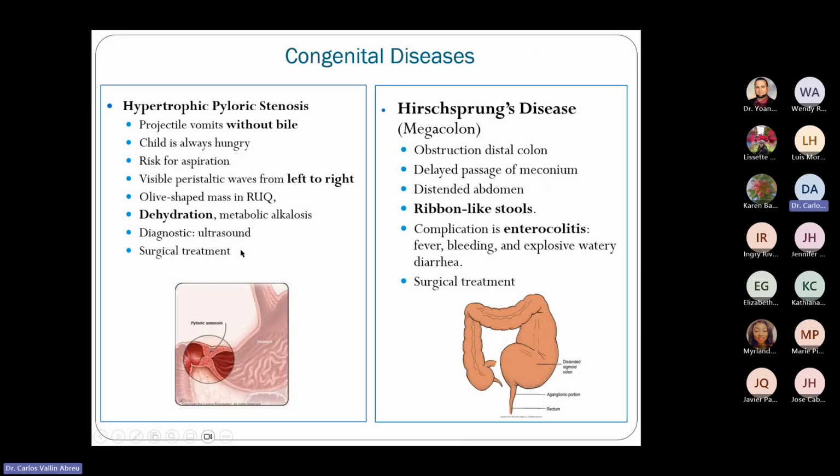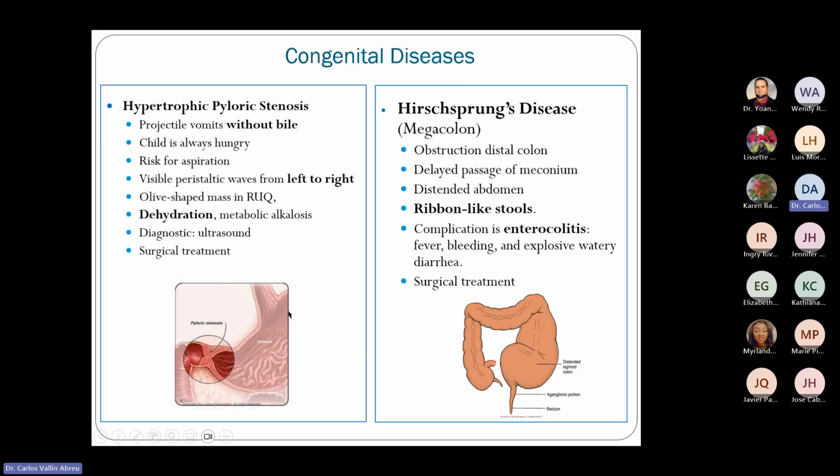The consequence is that the child, who is born normal, when they start drinking milk, has difficulty passing the milk from the stomach to the duodenum, and after a while, after filling the stomach with milk, the child is going to vomit the milk, in a very violent fashion, with what's called projectile vomit.